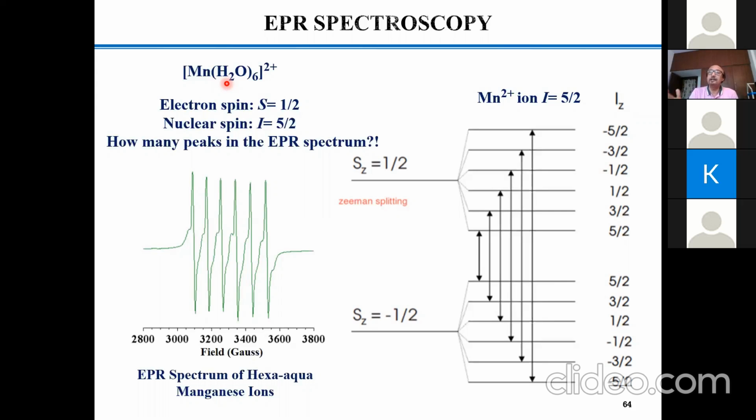So the X, Y, and Z axes are essentially identical, right? You cannot figure it out even from the bond unless there is a Jahn-Teller distortion.